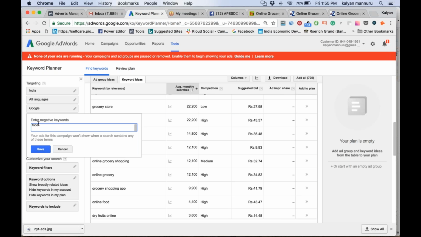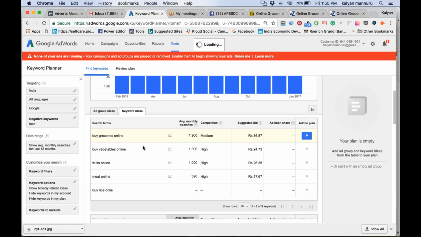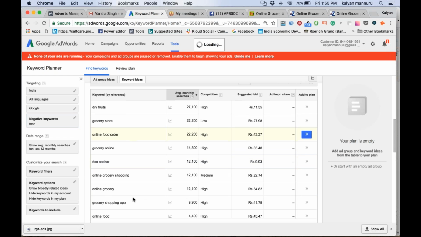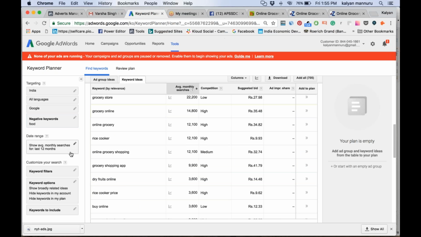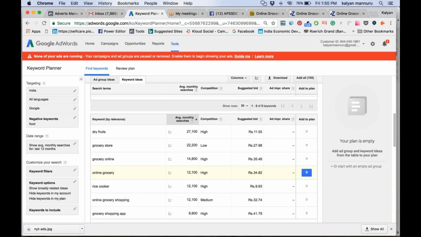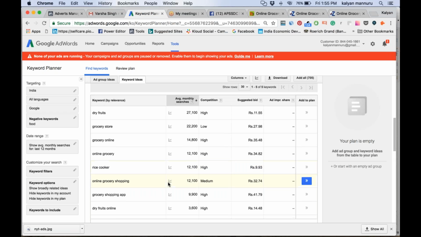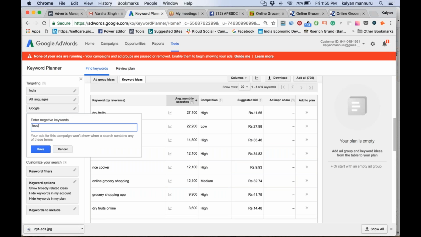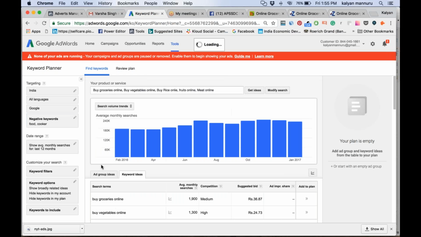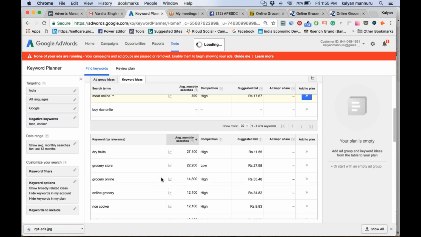Food I'm entering. So by doing so, all the keywords that have food will be removed. So there was online food order, it is gone. If you see now, it is gone. So I also want to remove rice cooker. Since I typed rice, it is suggesting me rice cooker as a suggested keyword. I don't want that. I have added it in negative keywords.